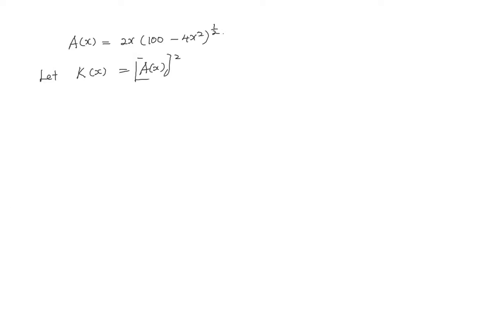If I don't do like that, I can say when kx is maximum, ax the whole thing squared, ax is also maximum because kx is ax squared. So ax must be maximum in order to produce ax squared, which is maximum.